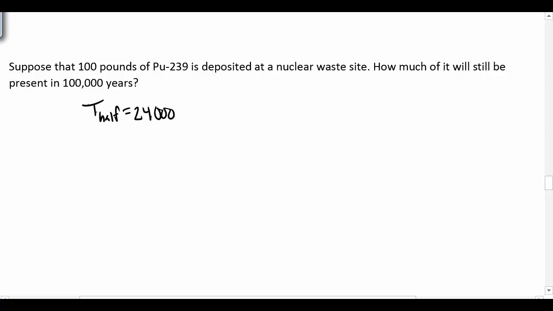So let's take the 100 pounds. New equals 100 times 1/2 raised to 100,000 divided by the 2,400 that I told you. That's what we're trying to calculate: about how many pounds of this stuff would still be around in 100,000 years.